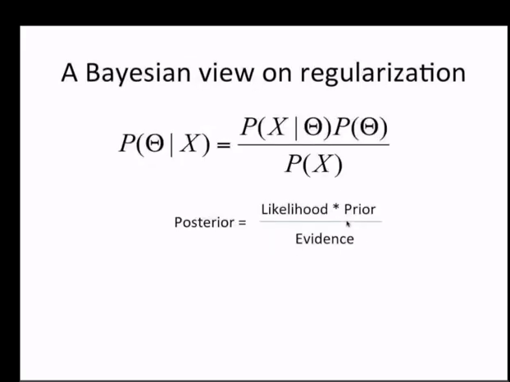Okay. Now, the statistical approach provides an alternative view on the regularization problem in terms of a Bayesian interpretation. Bayes' law says that the probability of a model being the correct one, given your experimental data, is the likelihood function, which is the probability of observing the data given the model, times a prior, which is the probability of the model in the absence of any data, divided by the evidence, which is the probability of observing your data.